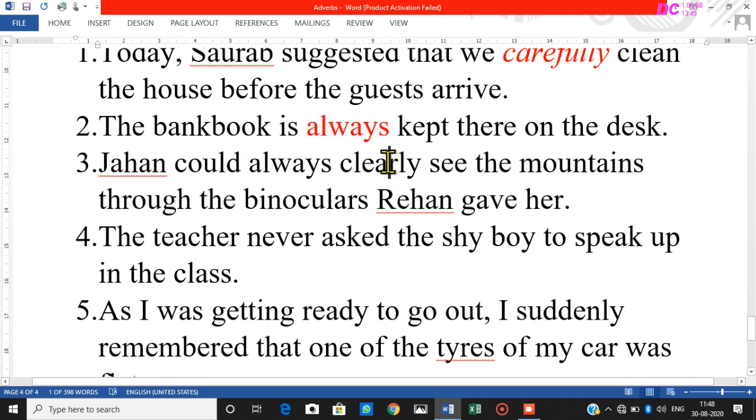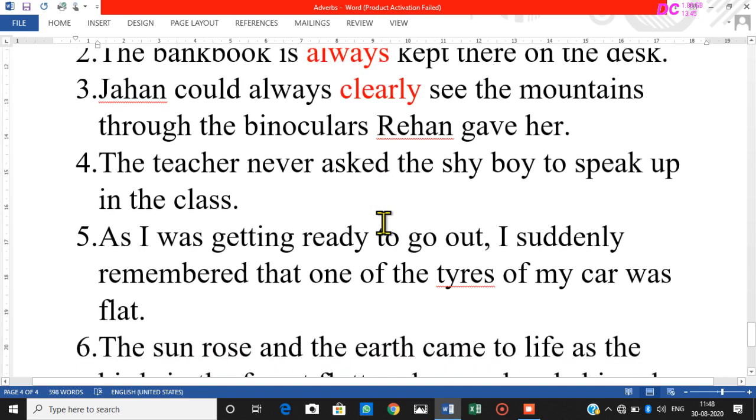You have to tell me whether it modifies a verb, adjective, another adverb, or an entire sentence. Now see, another adverb is here: never. I highlighted it. You will tell me which part of speech it modifies.